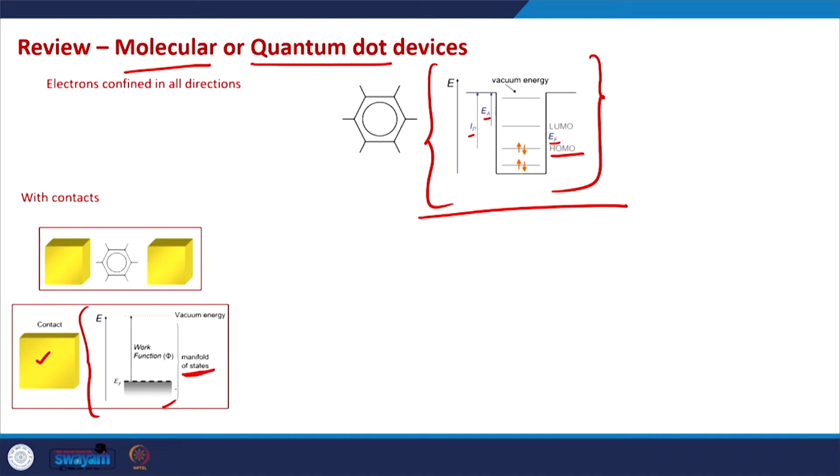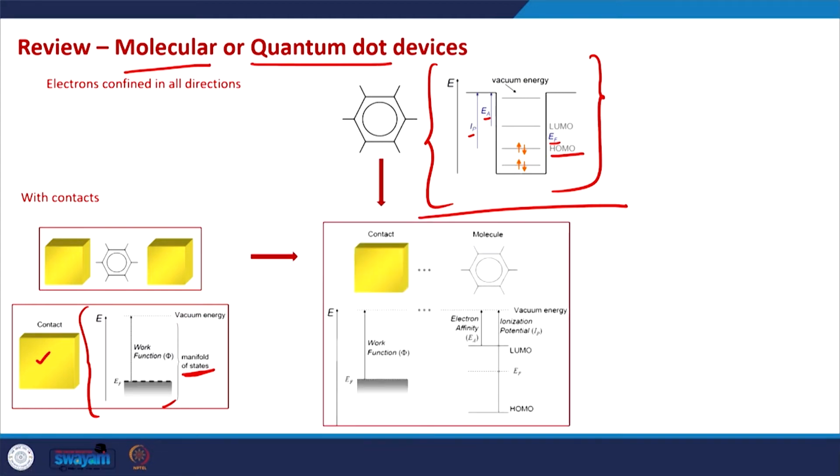So this is, I would say, a very simplistic model of a metallic bulk contact, and when we put a contact in touch with a quantum dot or a molecule, we obtain this kind of system in which we have a continuum of energy states in touch with discrete energy states.